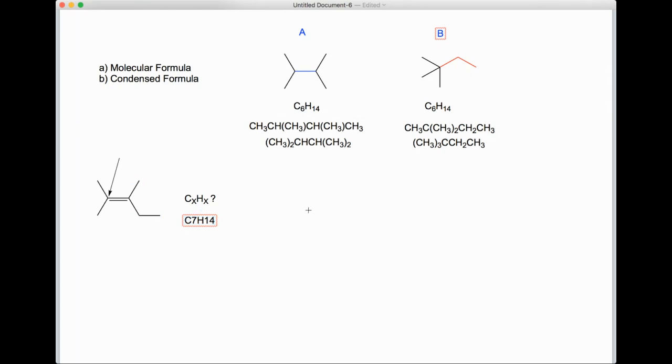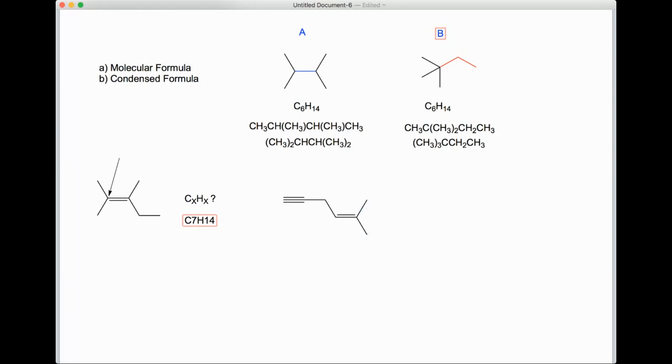What about this molecule? How many carbons here? So 1 carbon here, 2, 3, 4, 5, 6, 7.